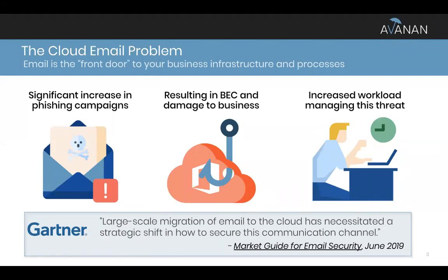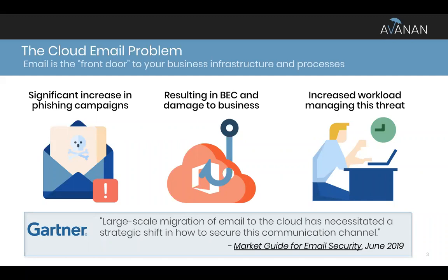As I said earlier, we have over 1,000 customers worldwide at this point. And I always like to boil down the problem that we've been seeing across our customer base. Really, we categorize it into three key components.